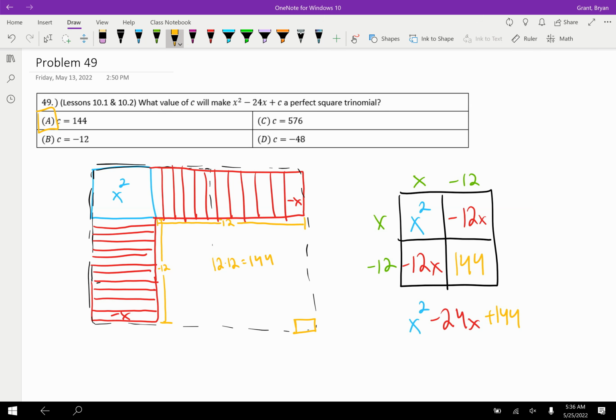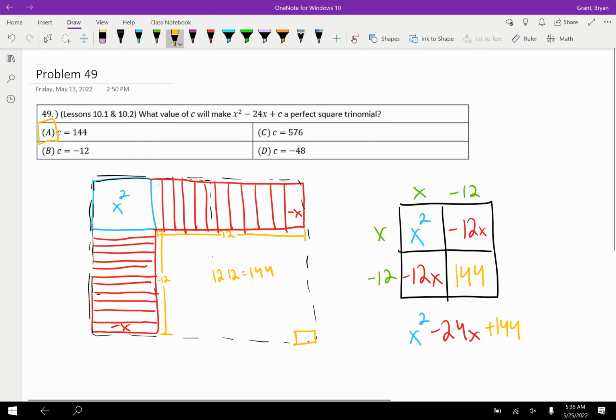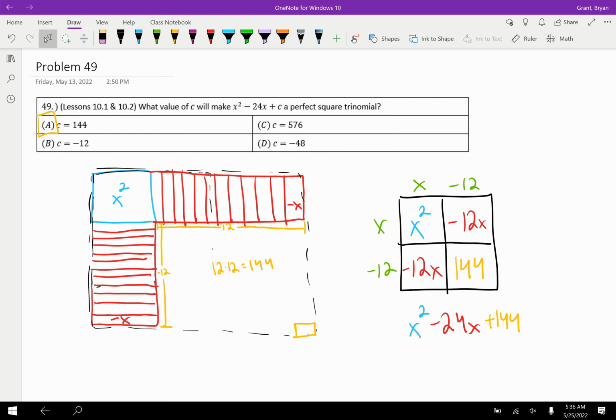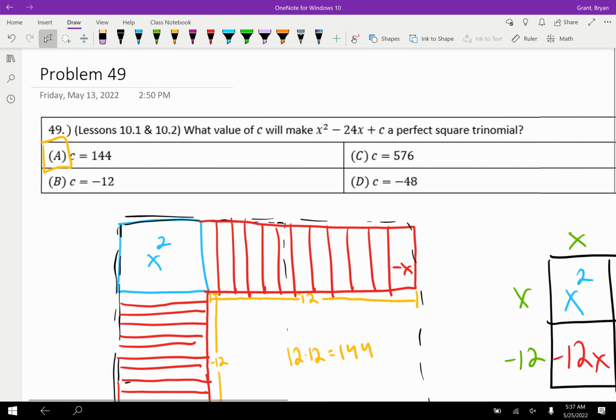Now if you didn't want to do either of these ways and you wanted to go straight back to the formula, which is totally fine, but it is a formula that's not on your formula sheet, what we need to do to figure out this c value is take this negative 24x and do half. Half of negative 24 is negative 12.